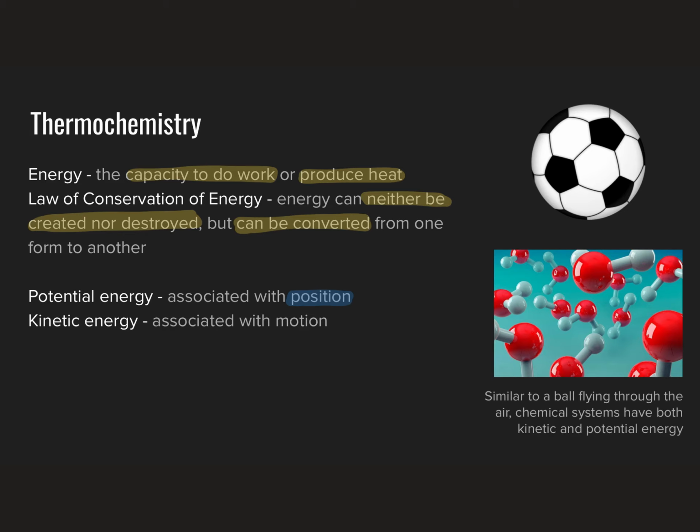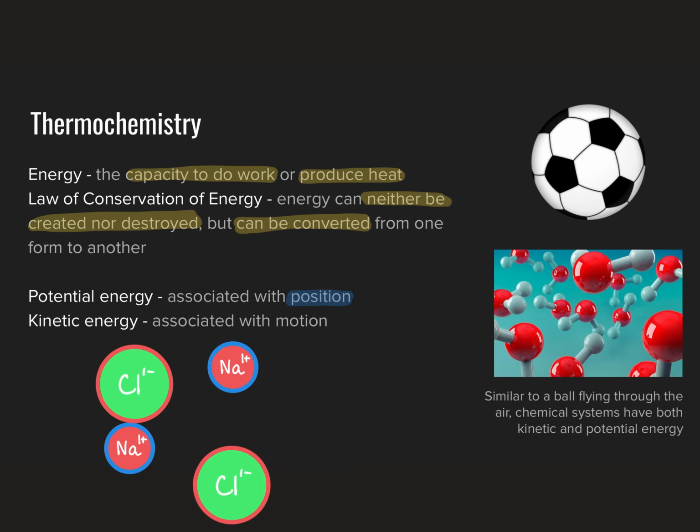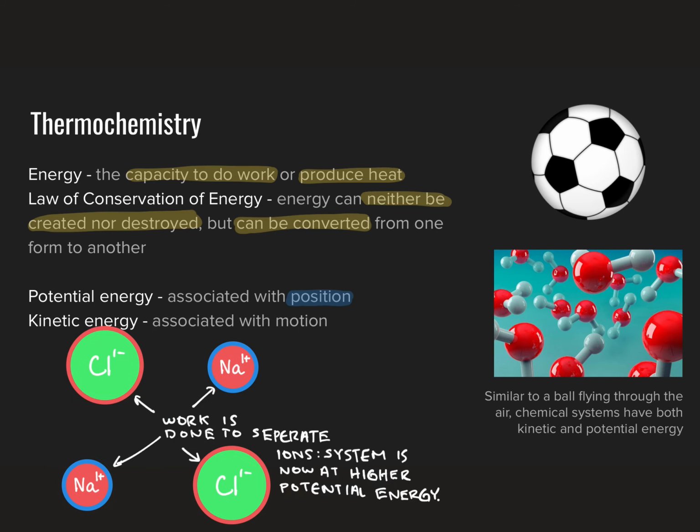If we have a crystalline lattice where those ions are close together, that would be a relatively low potential energy configuration of those ions. And we know that's true because it would require energy for us to pull them apart. That is, we would have to do work to separate those ions apart from one another.